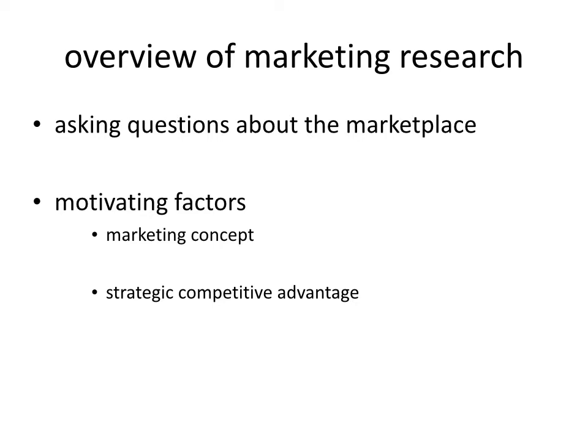Firms gain competitive advantage because they deliver satisfaction better than their competitors. We sometimes talk about the 3 Ds of strategy. A firm needs to offer something that's desirable. Well, you need to understand what consumers want if you're going to offer something that's desirable. A firm is successful strategically if what it offers is different.